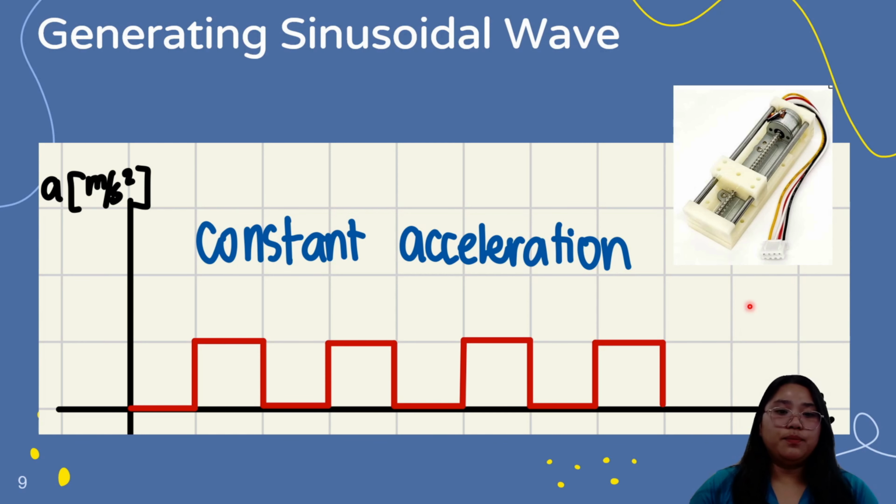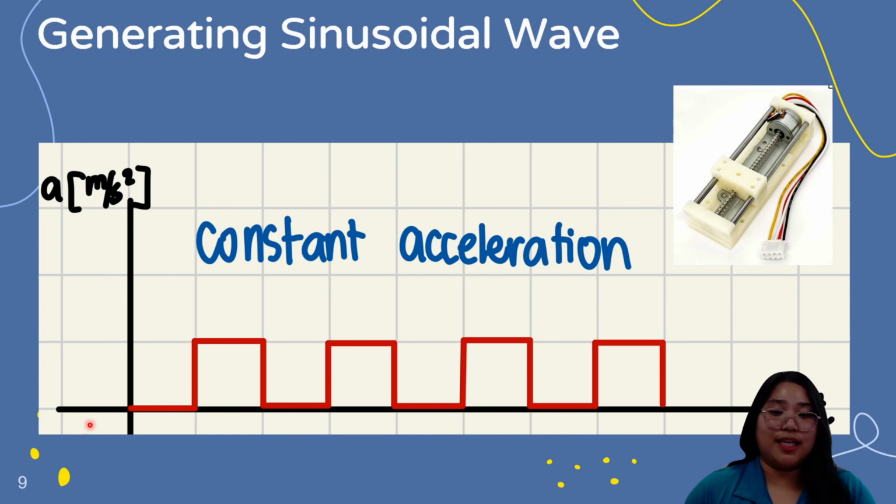Most of the time, people use a library to control stepper motors, and in PlatformIO they have a FastAccelStepper library or an AccelStepper library, but these libraries use constant acceleration.